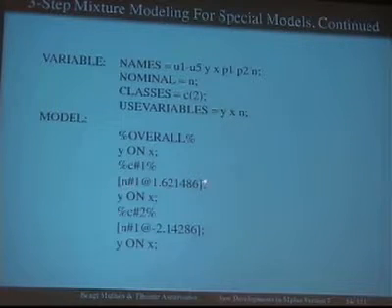So this statement basically means that the probability that n equals 1 in class 1 is 0.85.